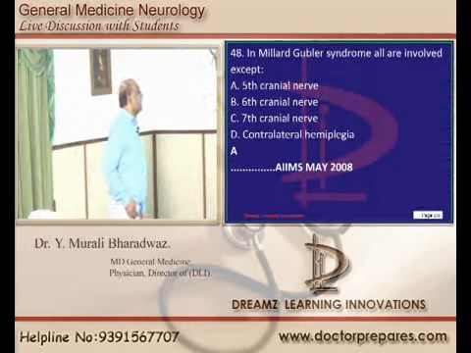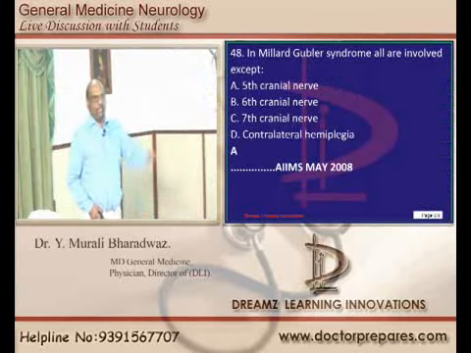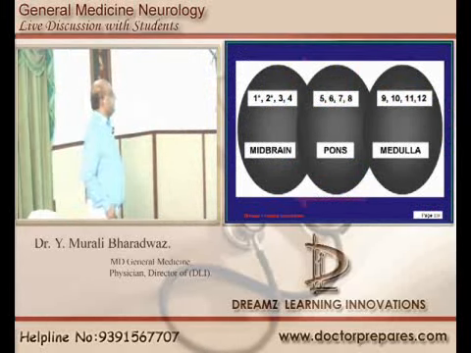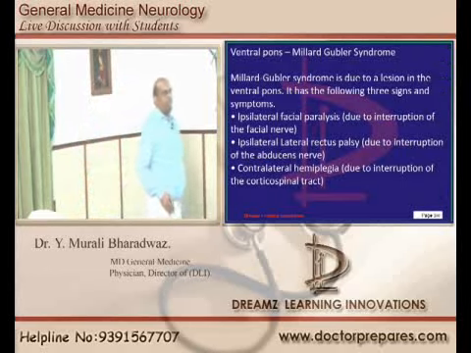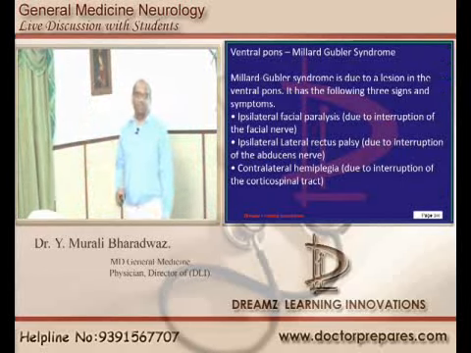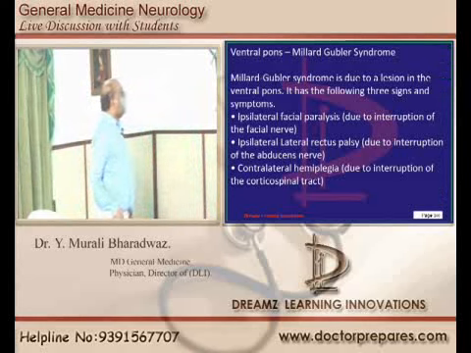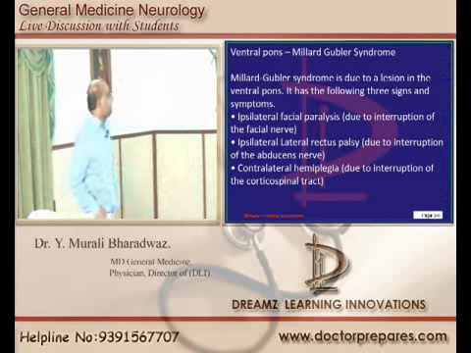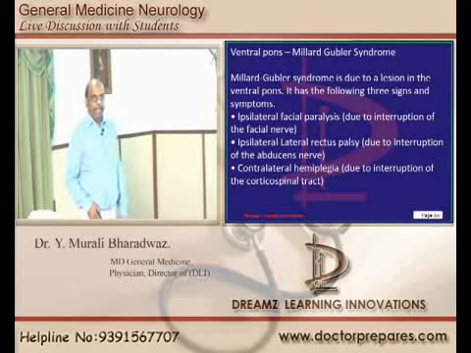So Millard-Gubler, where do you have it? This table you should not forget: 3rd and 4th, midbrain; 5, 6, 7, 8, pons; 9, 10, everything is in medulla. Now, Millard-Gubler is a ventral pons lesion. And the pons is the place where you have the facial nucleus, so ipsilateral facial palsy will be there, and lateral rectus palsy because of the abducens, the 6th, which is also in the pons.